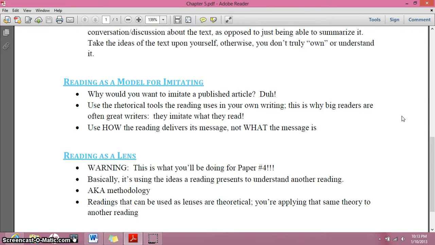You're using someone else's. You're just drawing the two together in order to understand one of them. Okay, so there's chapter number 5. Again, I think it's really good because it moves you beyond simply analyzing something, but analyzing for a purpose. Analyze it to imitate it, or analyze it to use it as a lens with another reading.